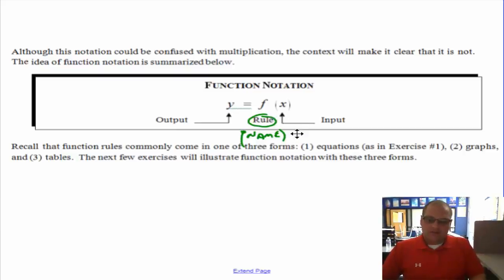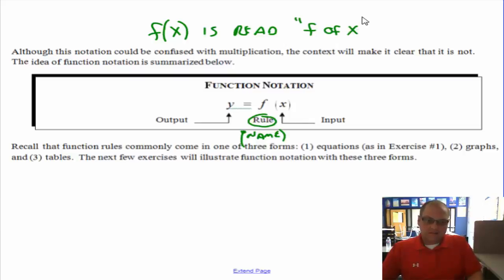And the way you read this, f parentheses x, is f of x. So for the parentheses, you say the word of, okay? f of x, function of x. So f is a function of x.